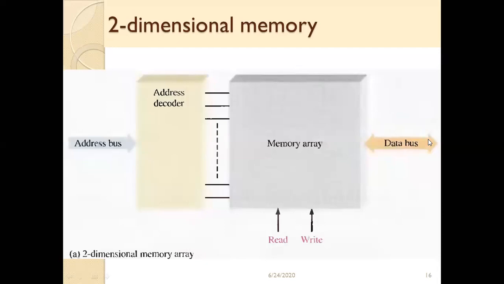So now you've seen a basic two-dimensional memory block, and you've seen what the address bus, data bus, and control bus are, and how to do the read operation and the write operation here.